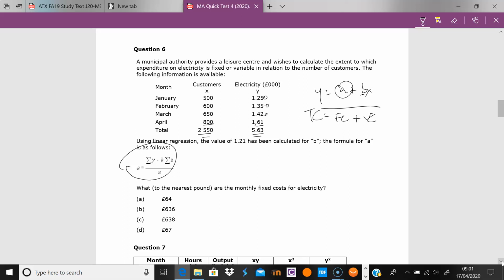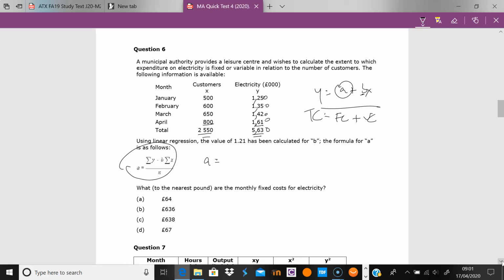So it's important to get that right. Using the formula, they want me to find A, which is the fixed element, right? Because total cost is equal to fixed cost plus variable cost. So for the fixed element, I literally plug my figures into the formula.